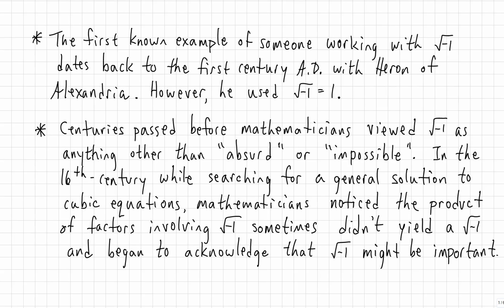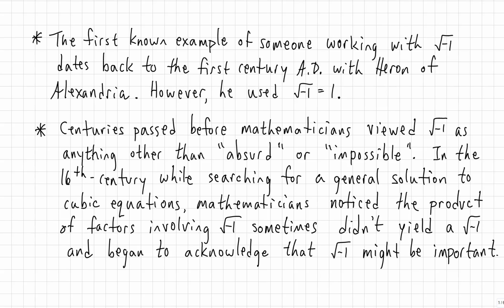And then from there, basically for centuries, mathematicians, anytime they came across the principal square root of a negative number, such as -1, they just considered that impossible or even absurd. However, in the 16th century, while working on trying to find the general solution to any cubic polynomial equation, mathematicians began to notice that you could work with the square root of -1 and end up with what we now call real numbers in those calculations.